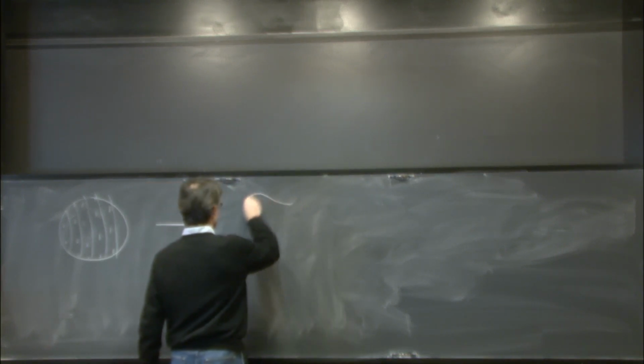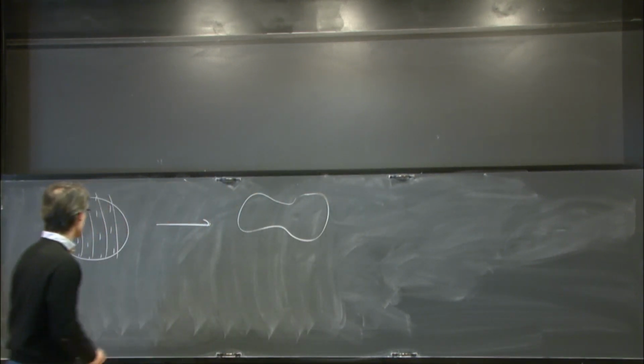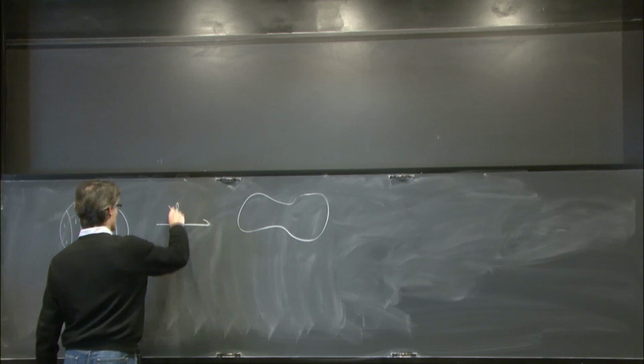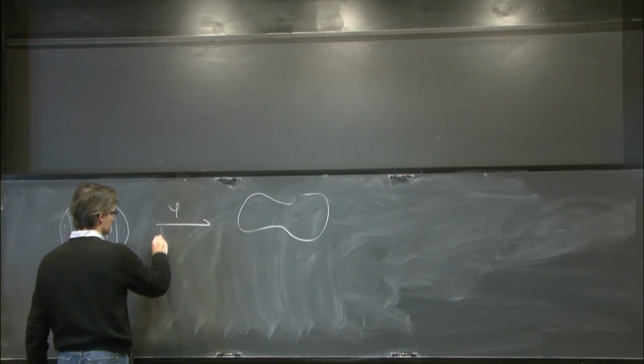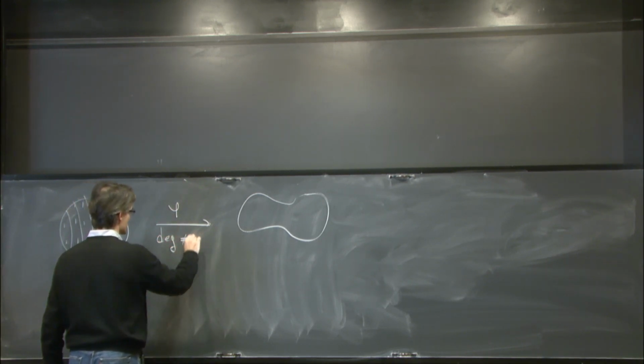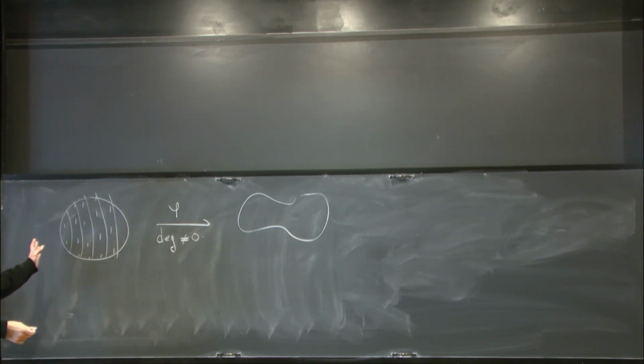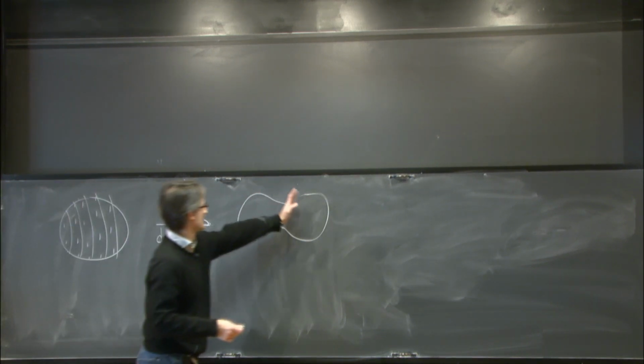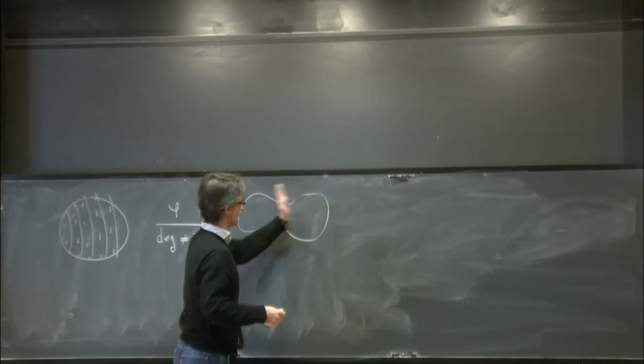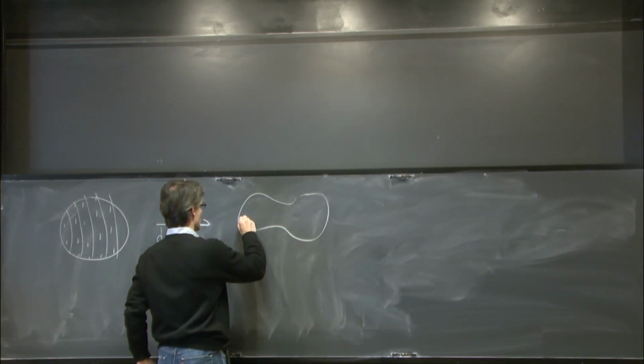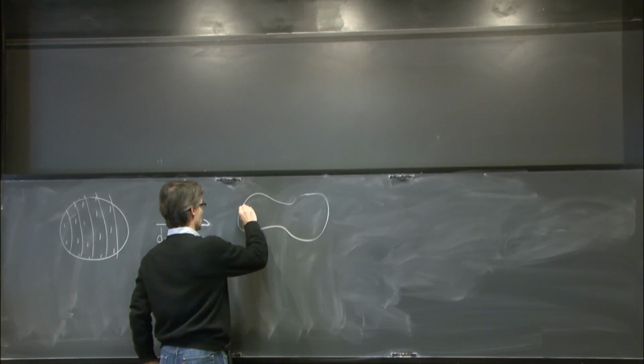And here you have just an arbitrary sphere, and then you take a map of non-zero degree. You map this family to this sphere, so you get something like that.